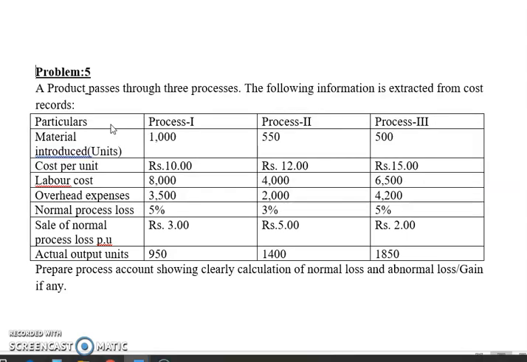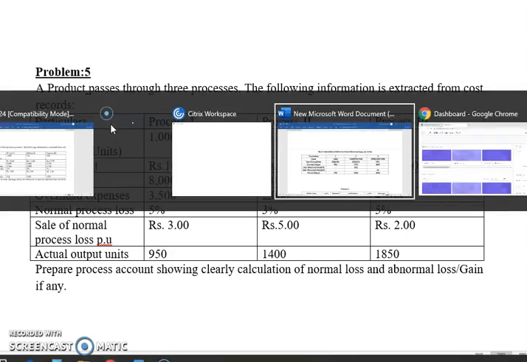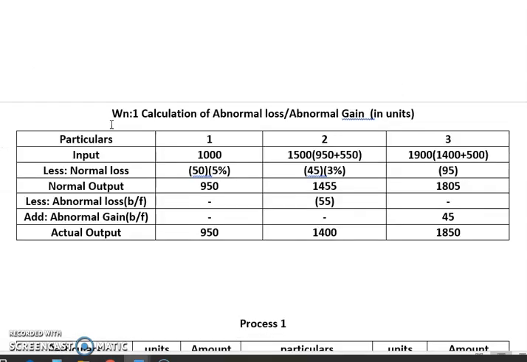So having said that, I have kept the answer ready for you. So in working note number 1, the heading goes like this: calculation of abnormal loss and abnormal gain in units.